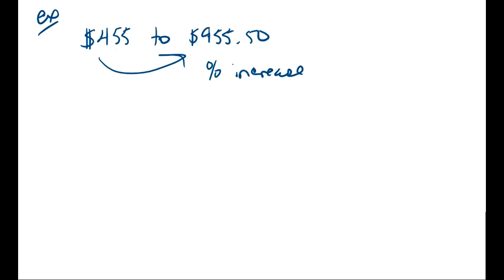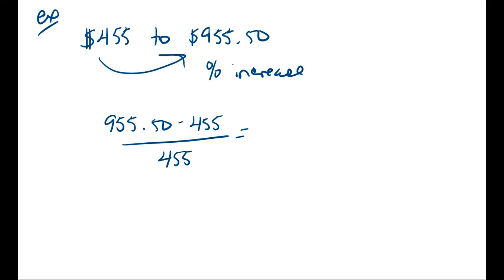So again, we're going to look for the difference here over the original, which was 455. And when you divide this, you notice that it's going to go into it one whole time first before the decimal. And you're going to get 1.1 as your answer when you divide.